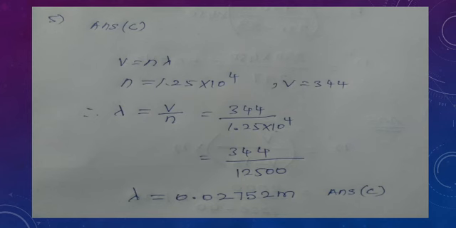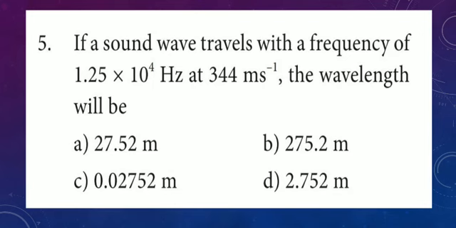So what is the formula? See the solution. Velocity equals n into lambda, where n is the frequency and lambda is the wavelength.